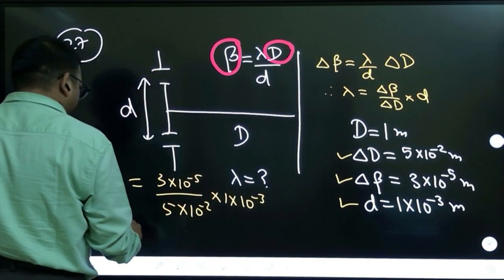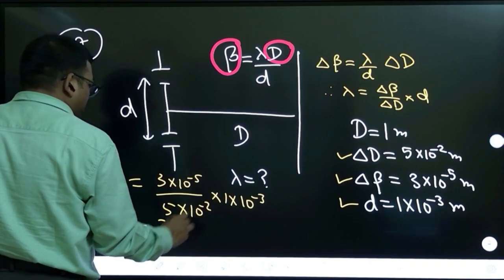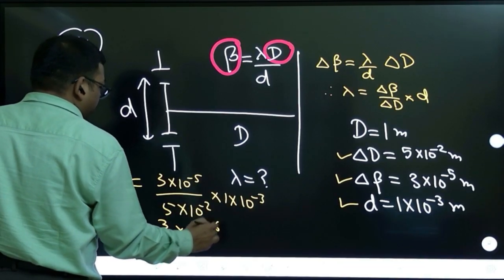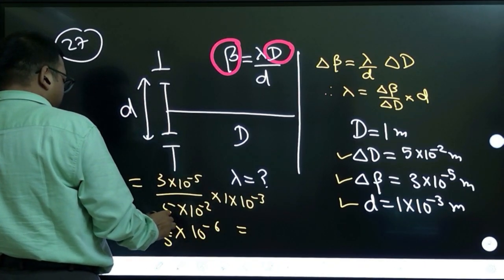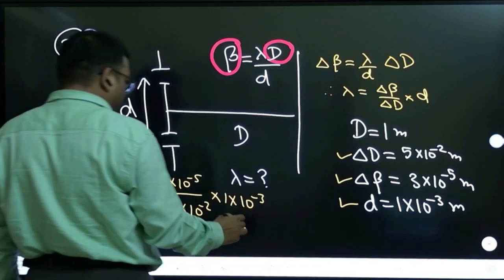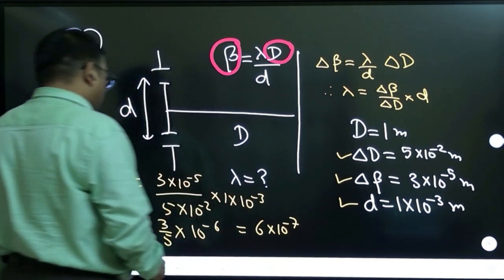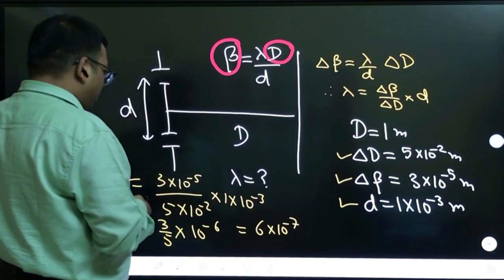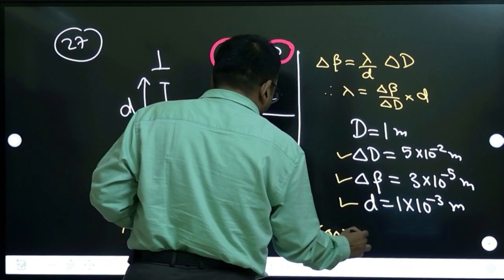Now you calculate the wavelength. This is coming as 3 by 5 and this becomes 10 to the power minus 6. So you can take the extra factor of 10, so 6 into 10 to the power minus 7. Check this answer. Meters it is. So in nanometers, 600 nanometer you can take.